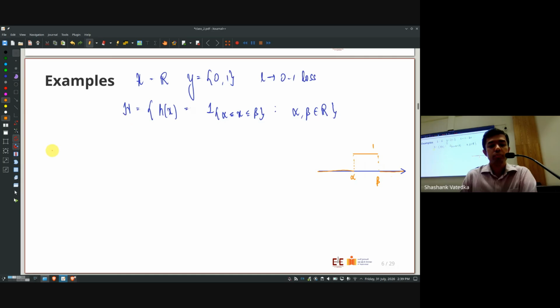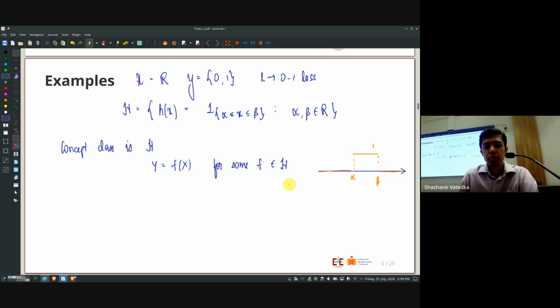Okay, so we'll assume that the concept class is also H, which means that y is equal to f of x for some f which is in H. Okay, it's a strong assumption, but it's a toy example just to visualize what is happening throughout the learning algorithm.